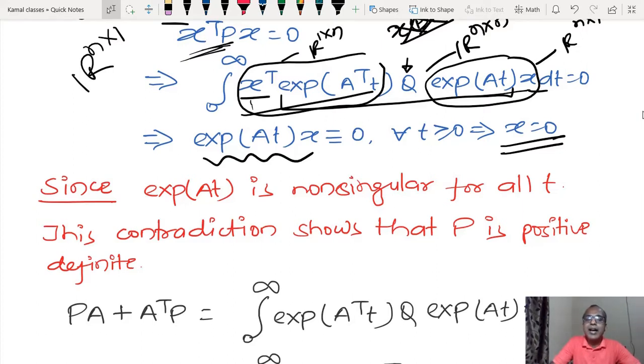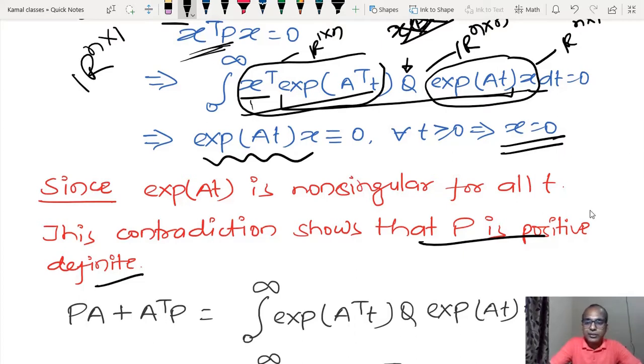Due to that reason, I can tell by contradiction that P is a positive definite matrix. What does it mean? That if Q is positive symmetric definite and A is Hurwitz, then there is no choice, only one choice, that P is positive definite. Anyone has confusion on this point?